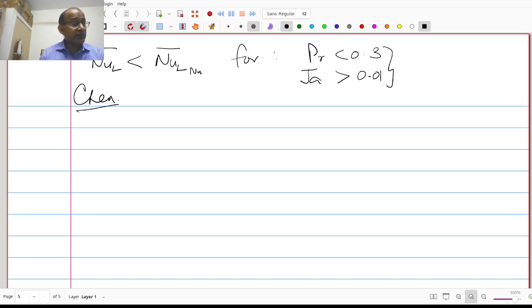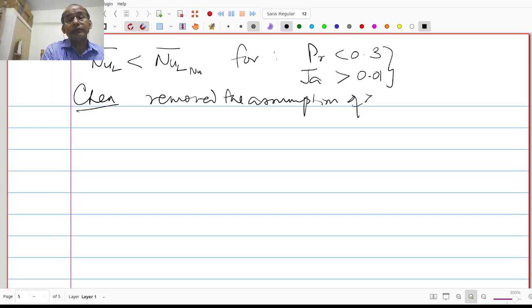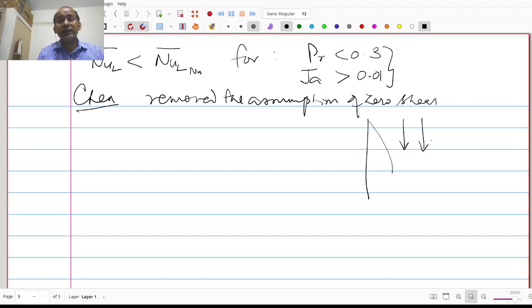Chen was the other researcher who removed the assumption of zero shear. So you have a plate, and there is this film, and there is also a vapor flow that goes alongside it.